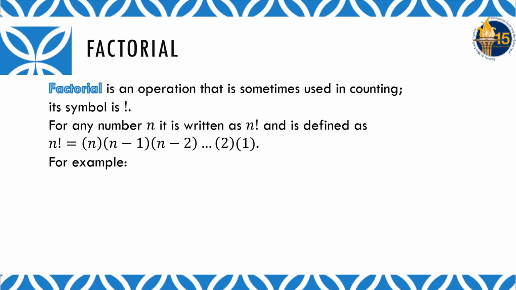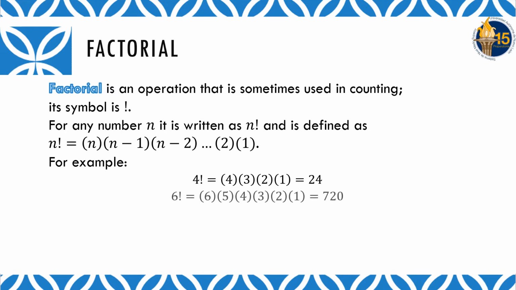For example, 4 factorial is equal to 4 times 3 times 2 times 1 equals 24. 6 factorial is equal to 6 times 5 times 4 times 3 times 2 times 1 equals 720. The value of 0 factorial is defined as 0 factorial equals 1.